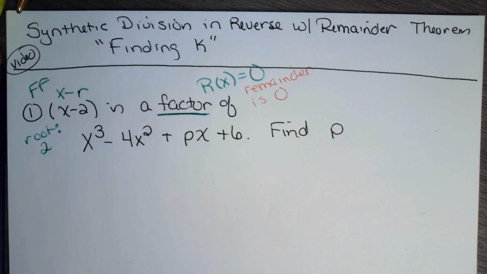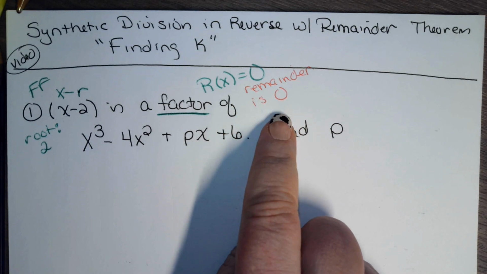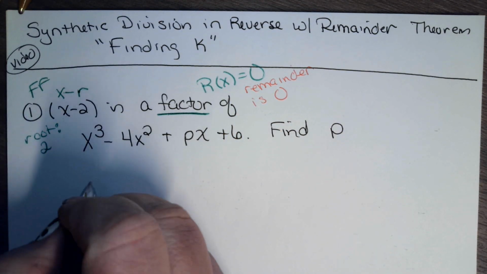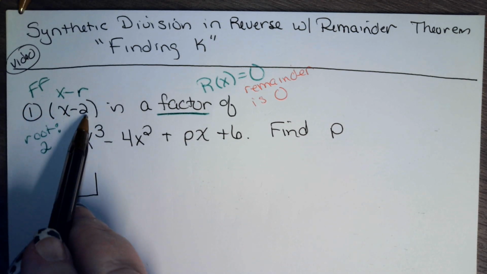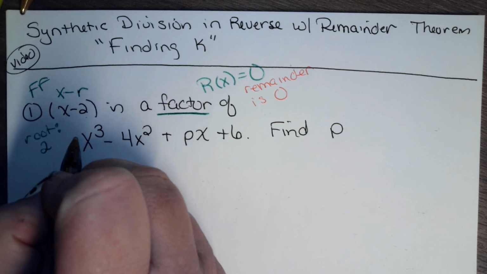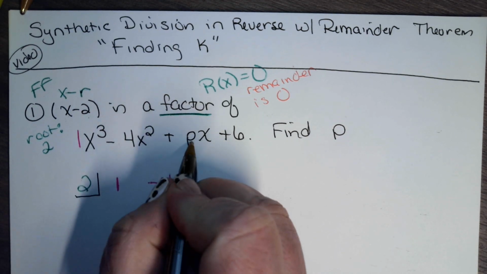Why is it important that we know that this is a factor? It's important because we know that our remainder is 0. So let's set up our synthetic division. We draw our box. Our root is 2. Our coefficients: I'm going to use pink here. We have a 1, a negative 4.